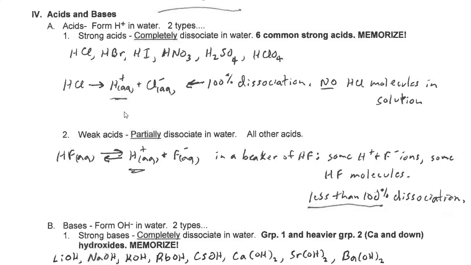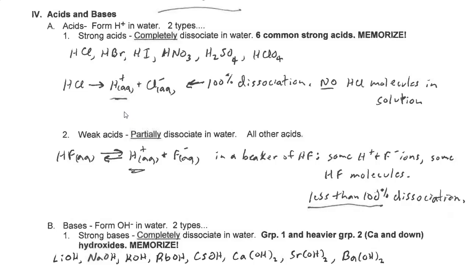So it's H2SO4. So you actually get twice as much H plus for your money with sulfuric acid there. But it's still a strong acid because it breaks up 100%, just like the other 5. When you see those 6, you need to recognize those on sight as acids, and you need to recognize them as strong acids.